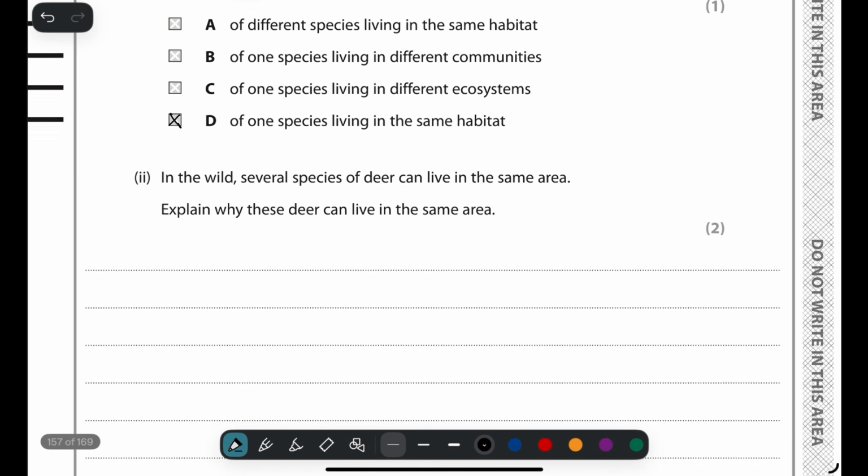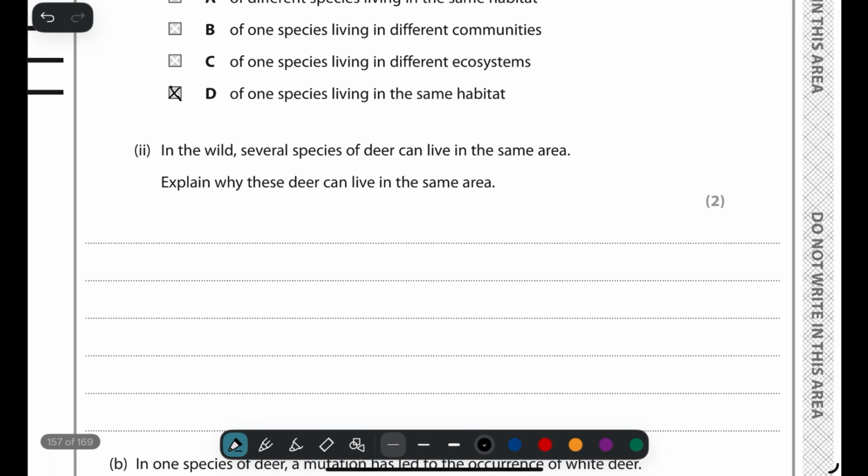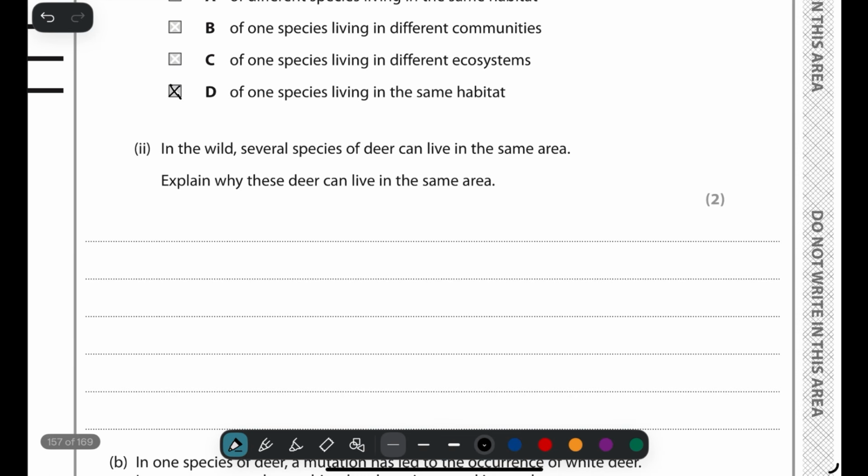Now, in the wild, several species of deer can live in the same area. Why? You need to use your knowledge. In terms of animals coexisting with each other, each species has its own niche, a specific niche.